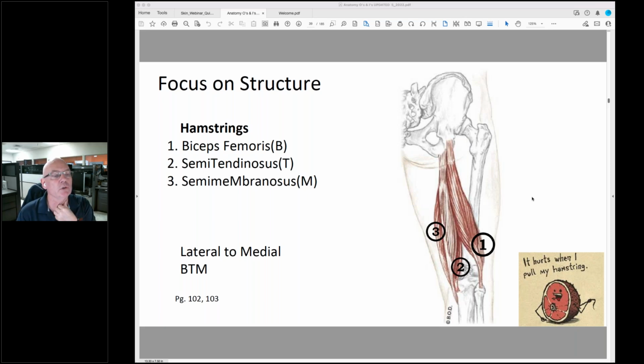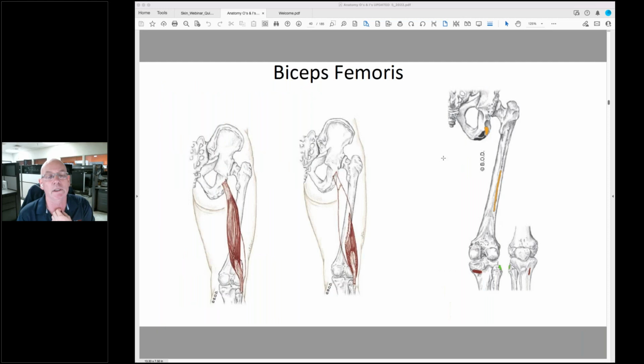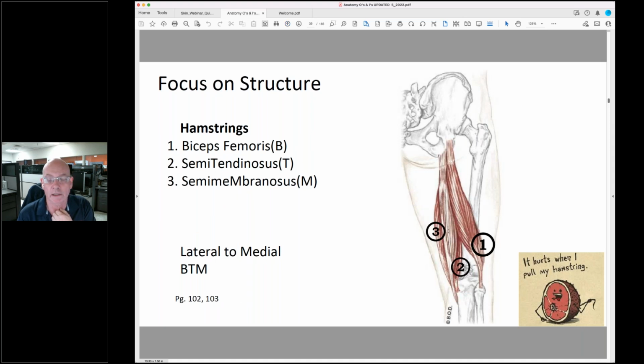All right. So notice for the hamstrings, biceps femoris is for the B, semitendinosus is for the T, and semimembranosus for the M, BTM. So why does it say BTM? Anybody want to venture a guess? If you're in my circulatory class, or if you had been in my circulatory class, you should know this. Anybody?